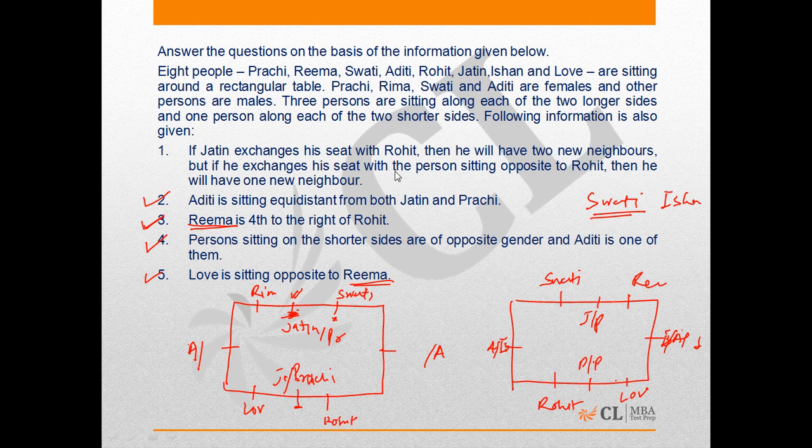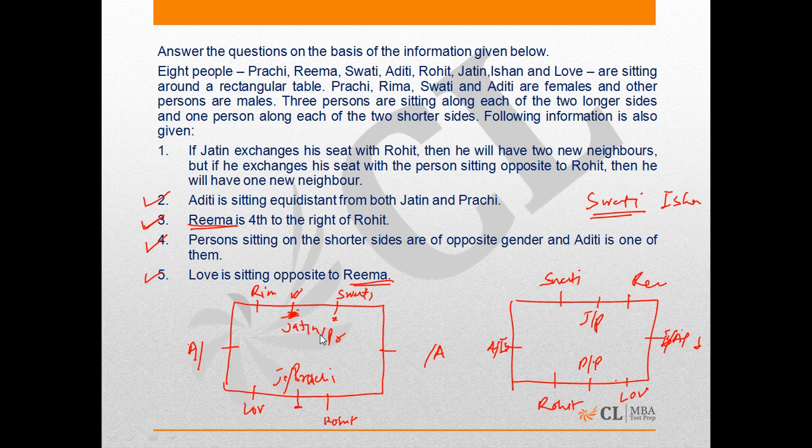Now coming to statement first, in which it is given that if Jatin exchanges his seat with Rohit, then he'll have two new neighbors. But if he exchanges his seat with the person sitting opposite to Rohit, then he'll have one new neighbor. So from here it can be concluded that Jatin is not sitting adjacent to Rohit.